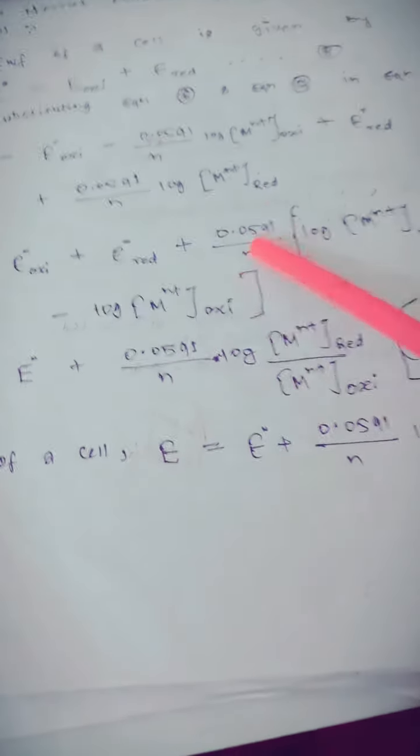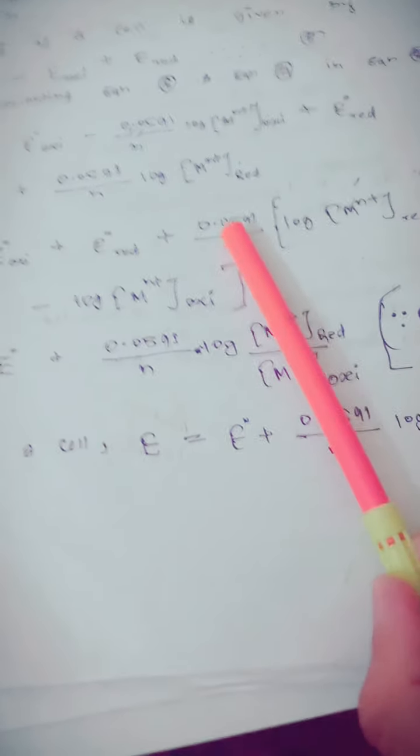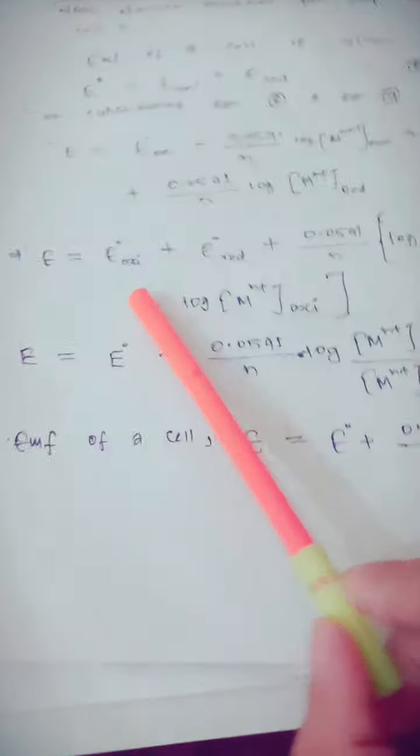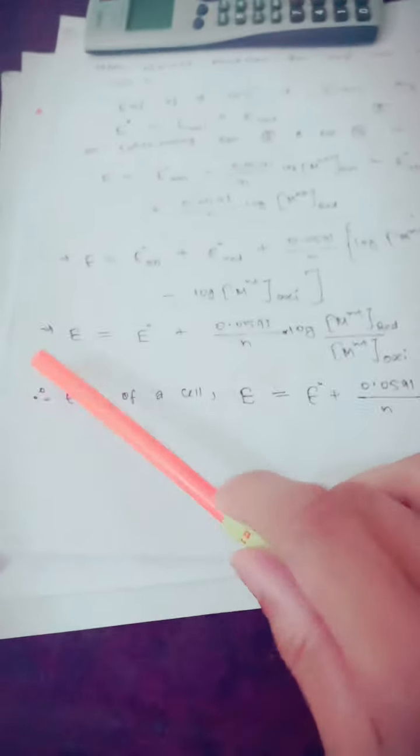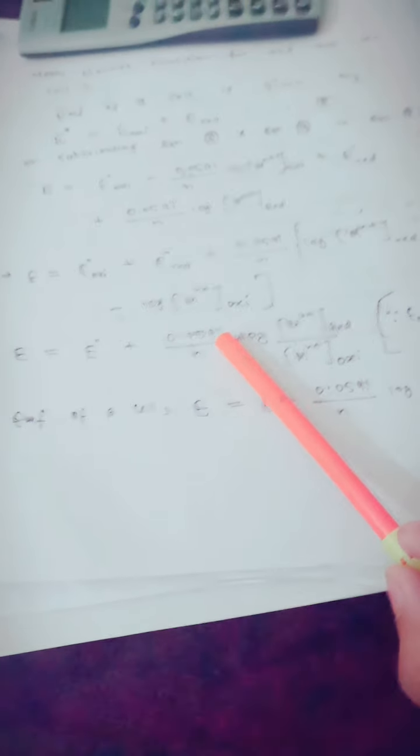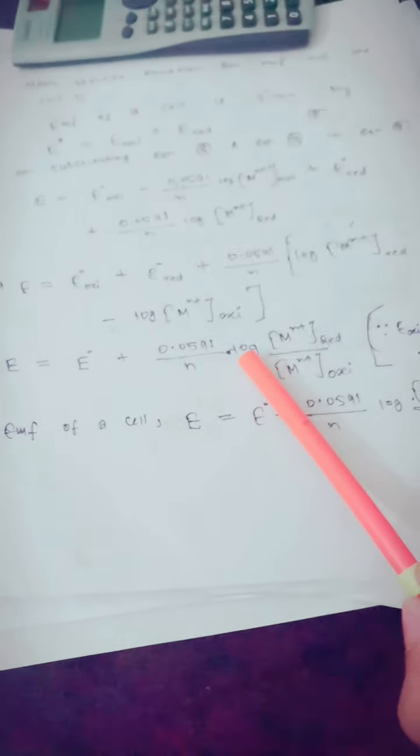Log value is left, M power n plus reduction is left, and those values I kept inside the brackets. After doing this, E is equal to E naught plus 0.0591 by n into log. This is simplification only.